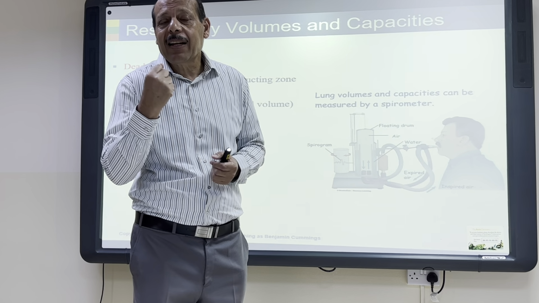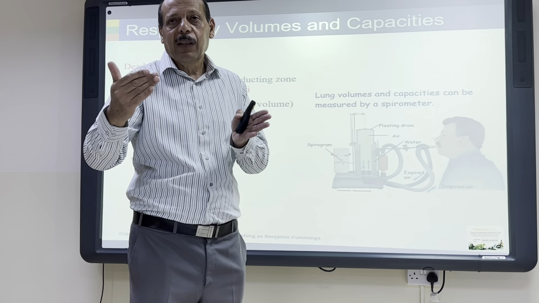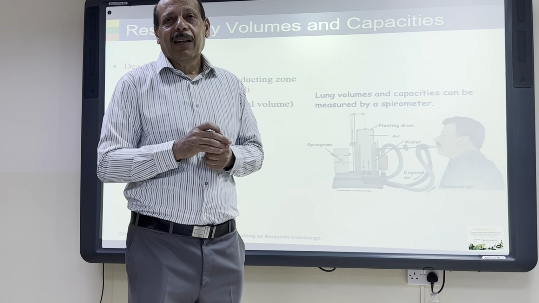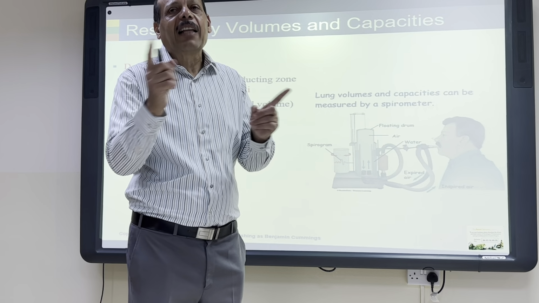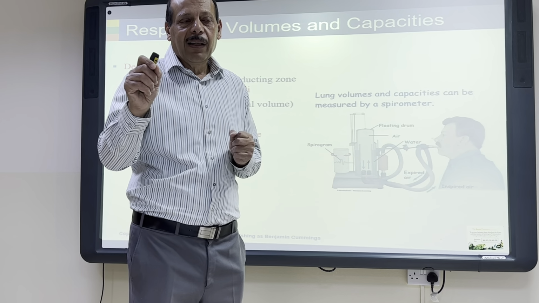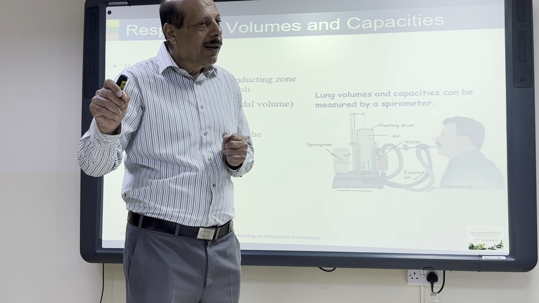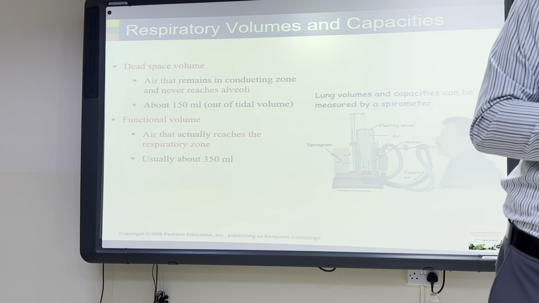Because where does the exchange of air happen? In which part of the lung? The exchange of oxygen and carbon dioxide happens where in the lung? What's the functional unit of the lung? I can't hear you. In the alveoli, yes, thank you.